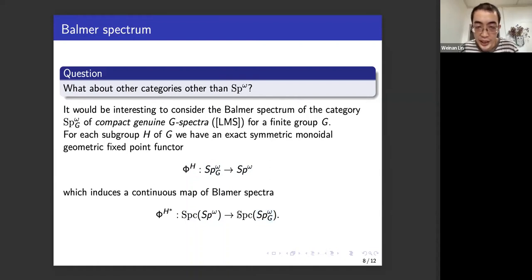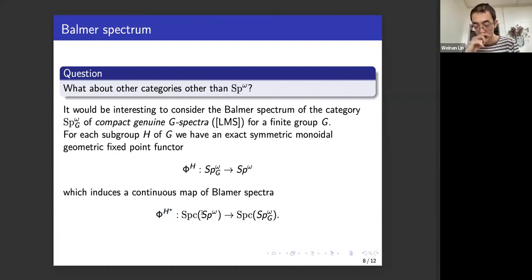You might expect this to be something bigger, since it's a genuine G spectrum, and therefore the spectrum might be bigger. So studying this might not be enough to study that. But keep in mind that for every subgroup, we have such a map.